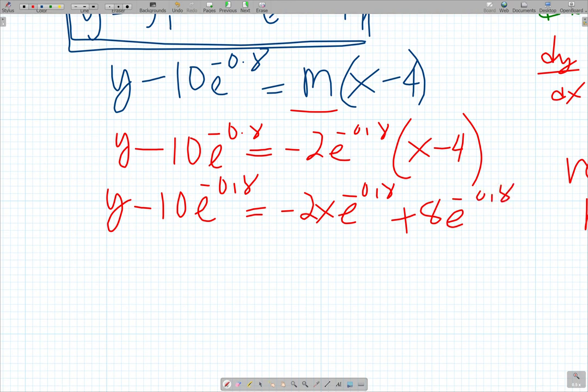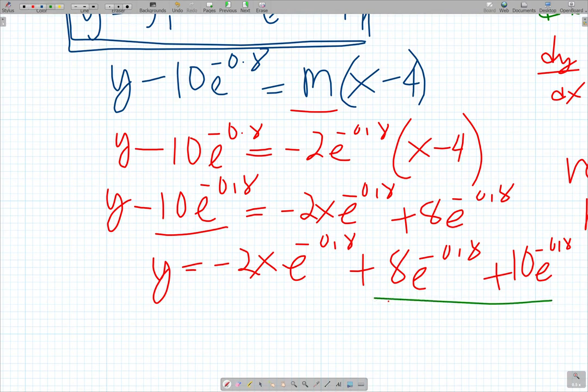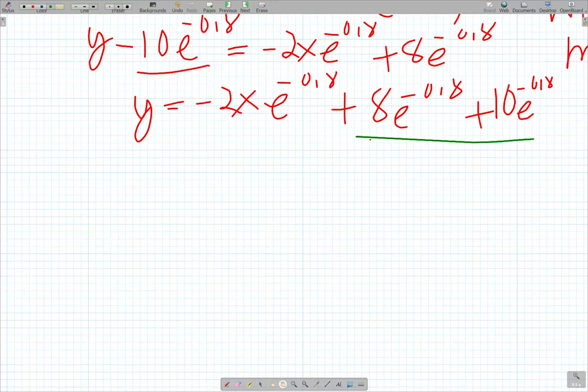So transpose this to the other side, y equals negative 2x e to the negative 0.8 plus 8e to the negative 0.8. The negative 10 becomes positive 10e to the negative 0.8. Okay, so there are like terms. These are like terms, so we can combine them.